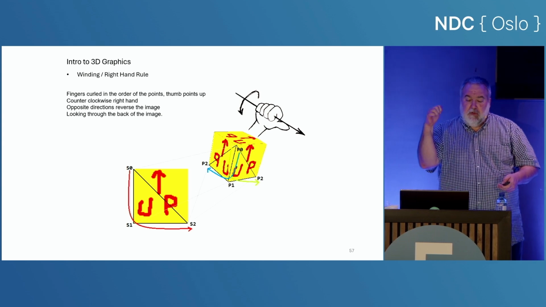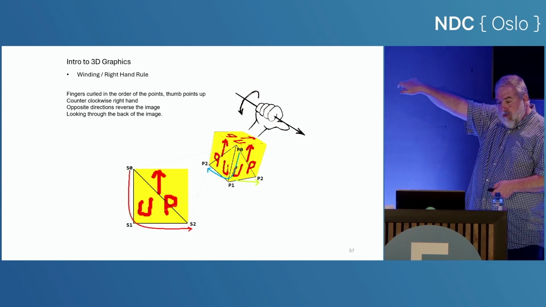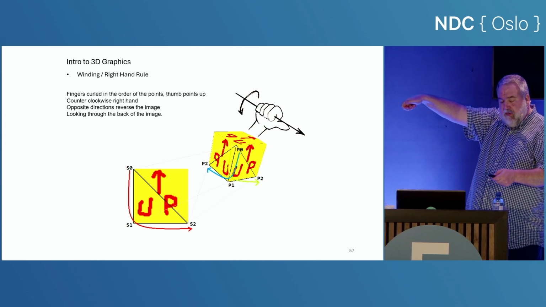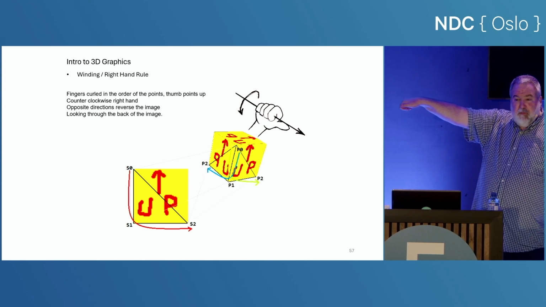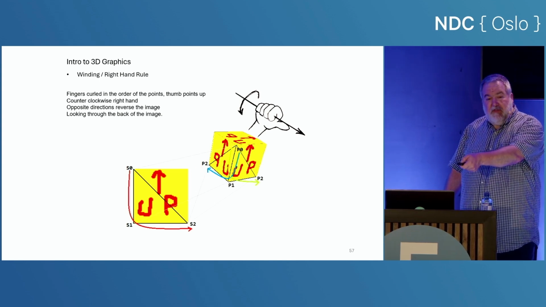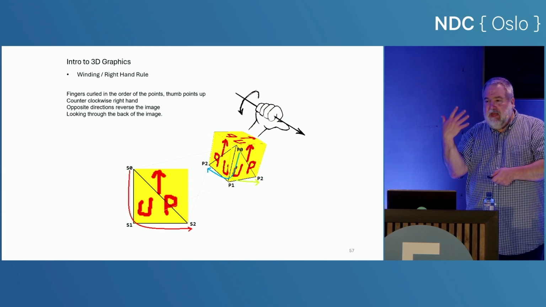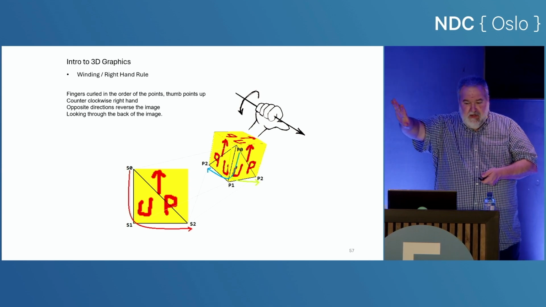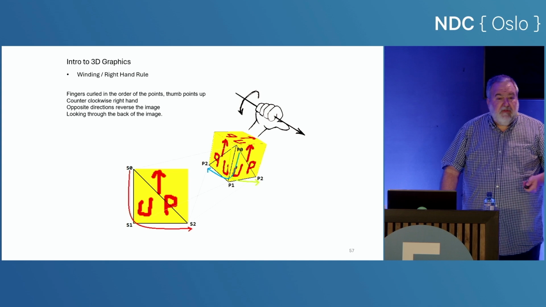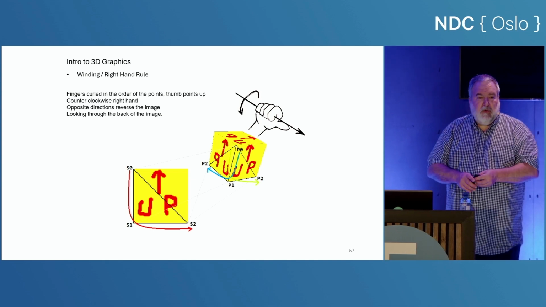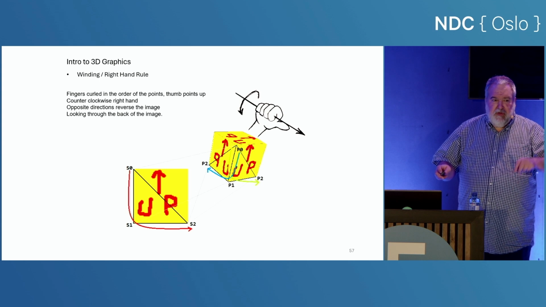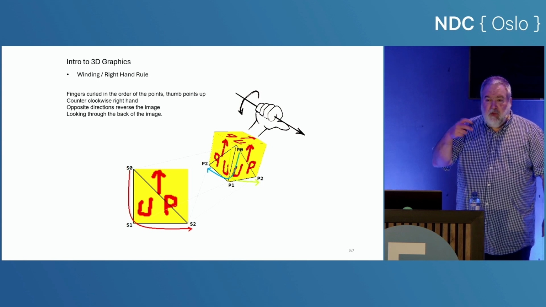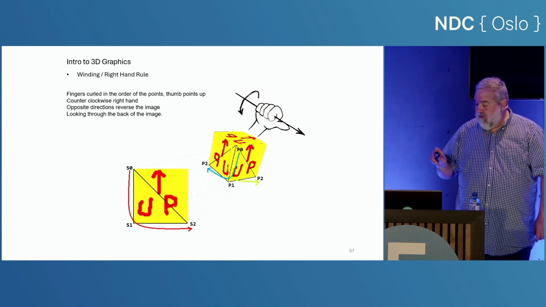So our fingers curl, we have to turn around, and our fingers curling is the way that it's curling there. The thumb is pointed away from us, so that image is actually backwards. We're looking at the back of the surface that we're painting on there. And so in this case, the word up is backwards. And I'll show you an example in the demo later of how you can see the backside of some of these objects.